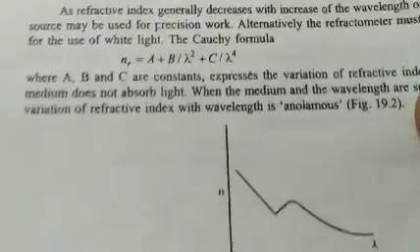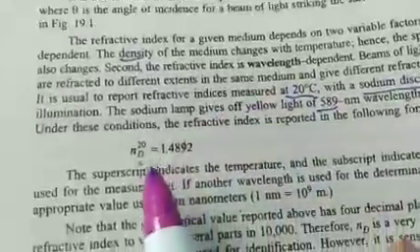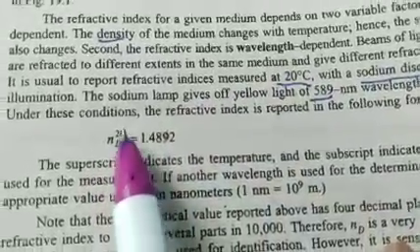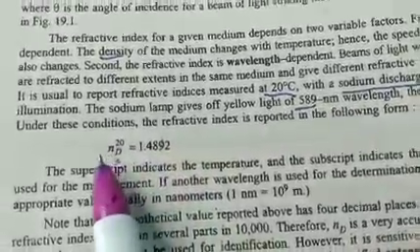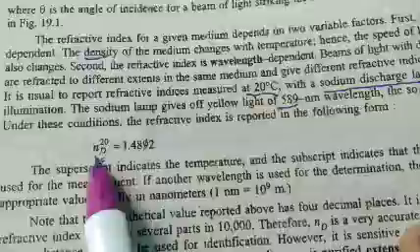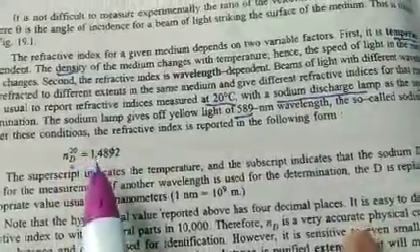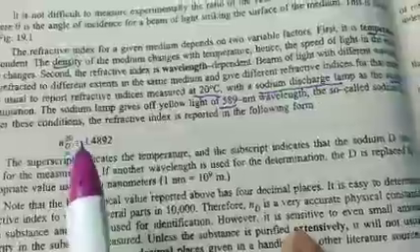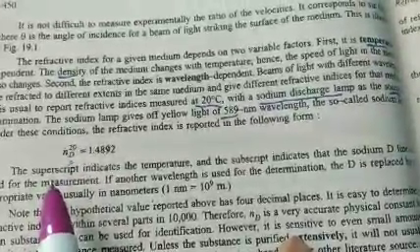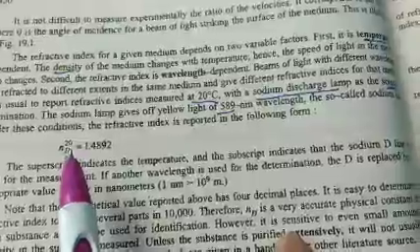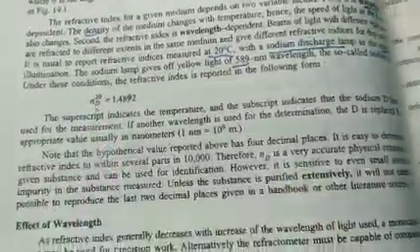Next, the refractive index is given like this: N D 20, where N is the refractive index, 20 is the temperature, and D is the sodium D line, the wavelength.